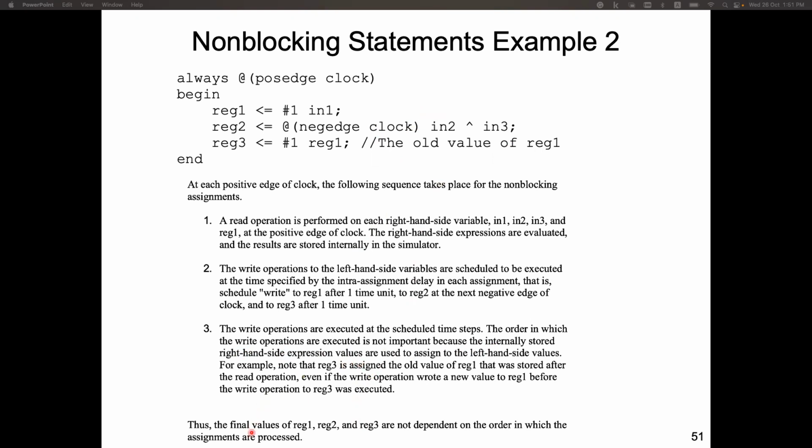So the final values of registers 1, 2, and 3 are not dependent on the order in which the assignments are processed. You can change the line order here without affecting the final result.